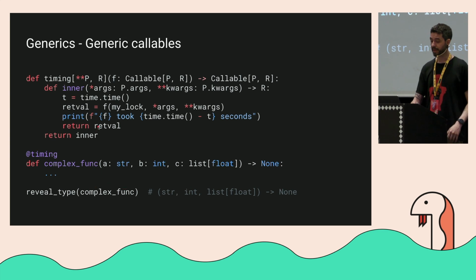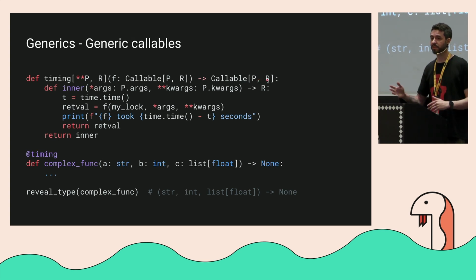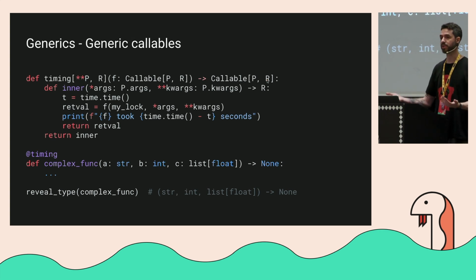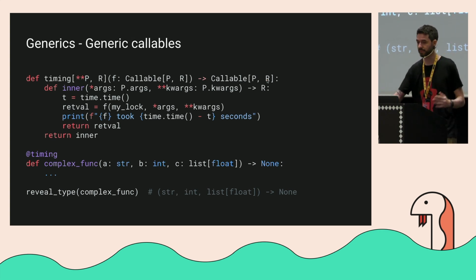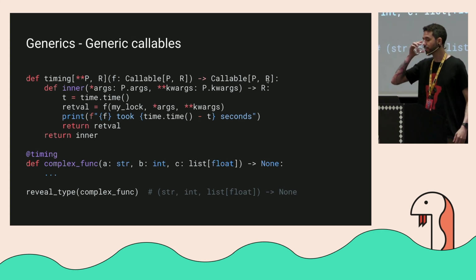By capturing the parameters and the response value, we say that we receive a callable with parameters P and response R, and we also return another callable with parameters P and response R. We can manipulate this, use Concatenate to add extra parameters, do injections. Not going to go through this right now. We could have a whole talk about generics only.